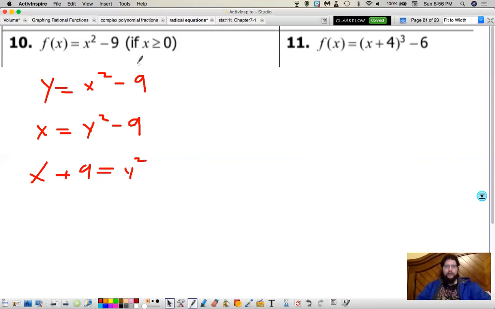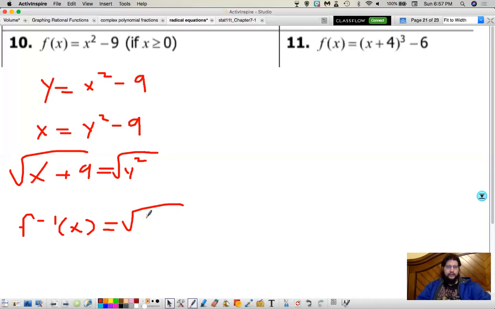But look at our domain here. We got to be positive. So whenever I take the square root of both sides, I'm only looking at that positive square root for this case. If it was the other way around, I'd be looking at the negative square root. So f inverse is the square root of x plus 9.